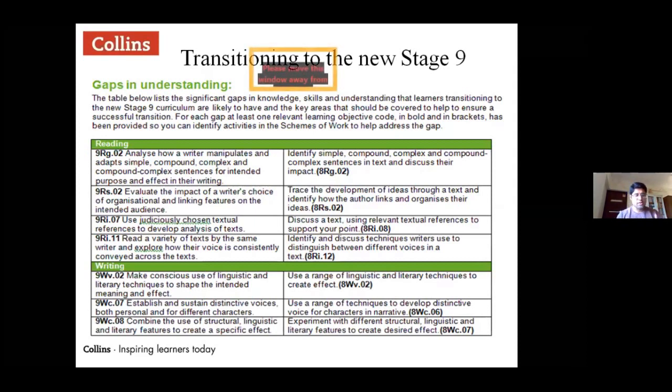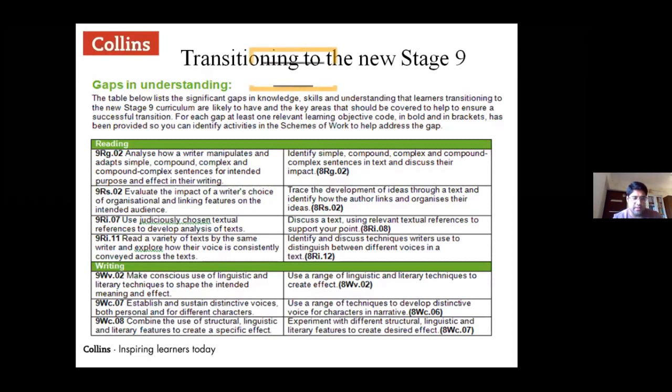Is he trying to show some flow of thoughts in progress? Or is he trying to create some kind of dramatic effect by use of a simple sentence or a very short sentence, or maybe at times just a one-word sentence? What is the writer trying to suggest? Is it some kind of emphasis, or some reaction to evoke, or some kind of dramatic impact? All these elements need to be discussed in class.